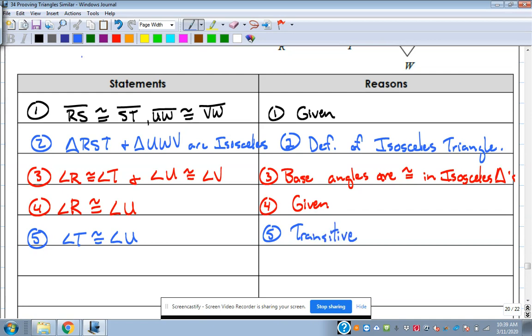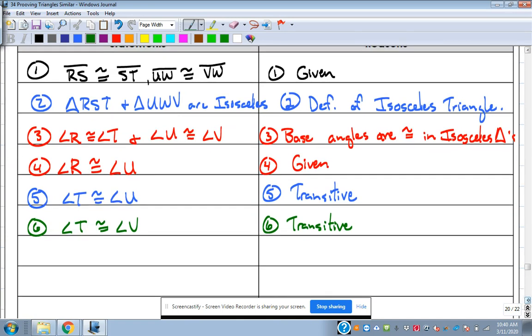You guys have the punchline already. And then we know that angle U is congruent to V, so you could do transitive or substitution there. I would take either. So angle T is congruent to angle V now. I'm gonna use transitive.